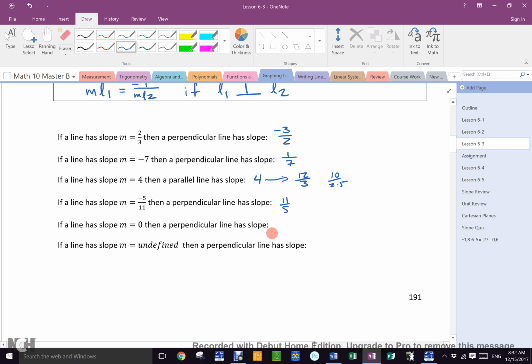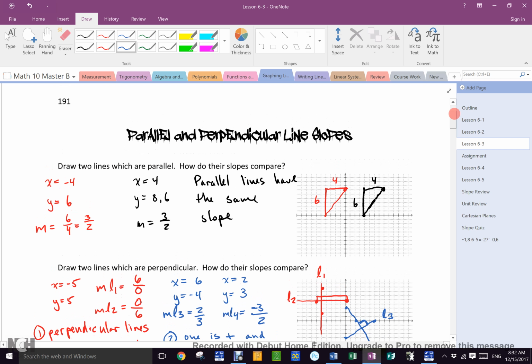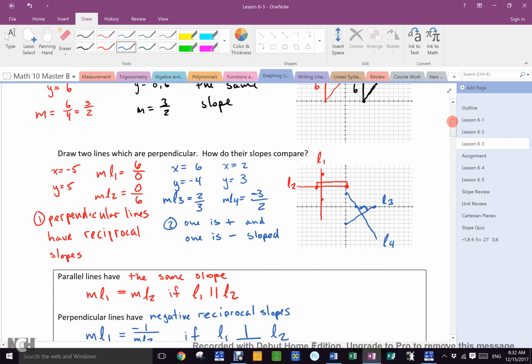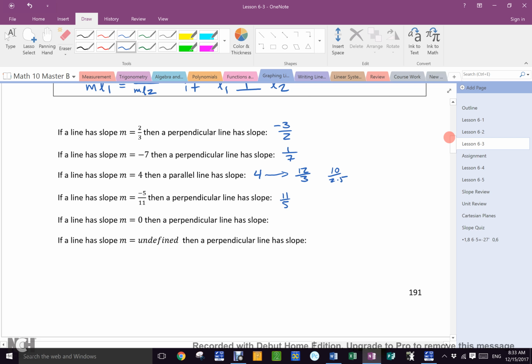Somebody in the room knows this answer. A vertical line has what slope? It's written on this page. I'm almost positive I wrote it on this page. If I didn't, I didn't. But it has been written many, many times.